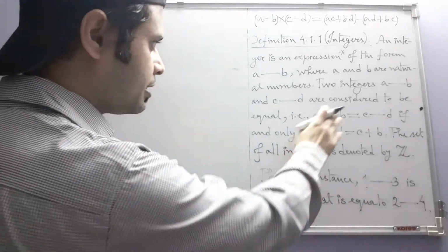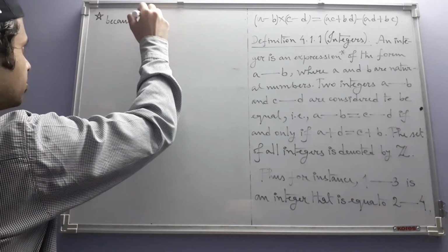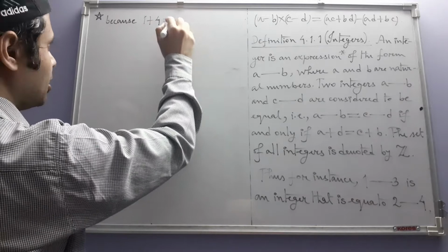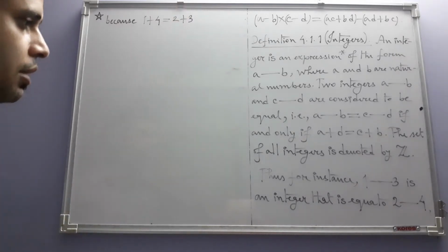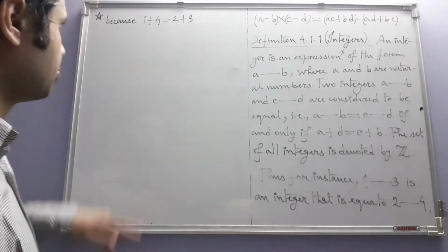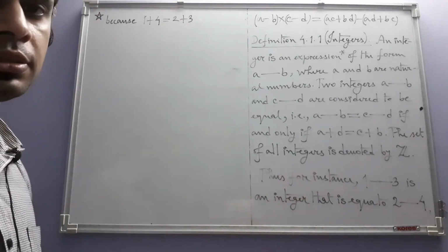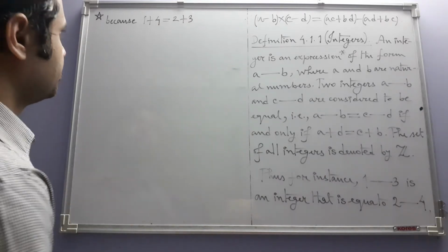Because we apply the definition of equality, 1 plus 4 is equal to 2 plus 3. We know that in the system of natural numbers this equation is true. So by definition these two things are equal. These two represent the same integer.